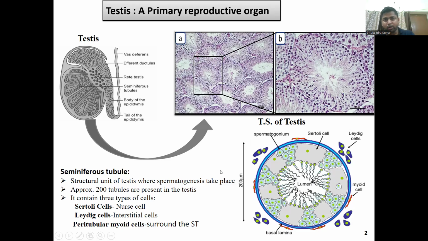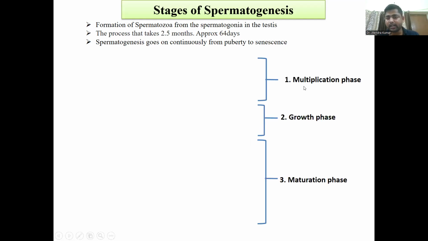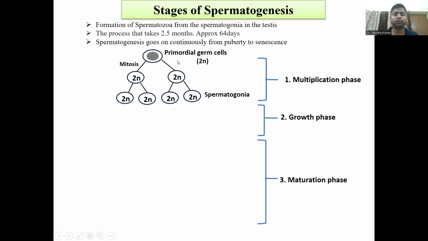The whole process of spermatogenesis takes about 64 days in humans, and it consists of three phases: multiplication phase, growth phase, and maturation phase. During the multiplication phase, the primordial germ cells divide by mitotic division and form several spermatogonia, and they are diploid in nature.